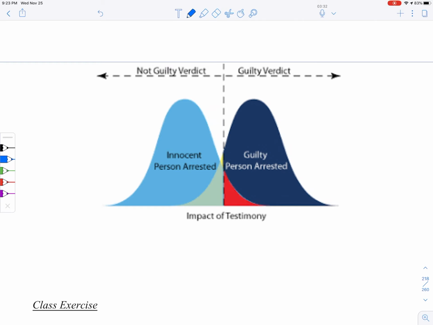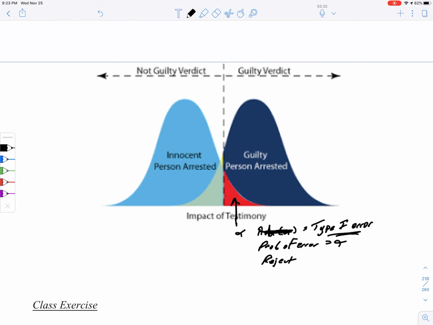We label these particular areas. This particular area here, let's do this as black. This particular area here is alpha. The probability of an error is equal to alpha. And this is what we call a type 1 error.